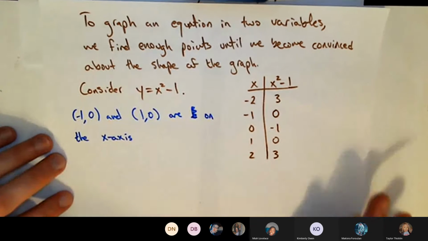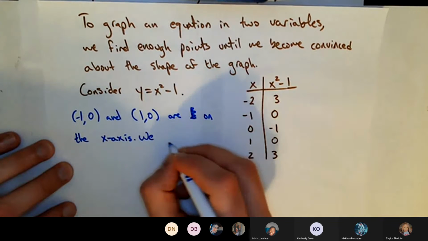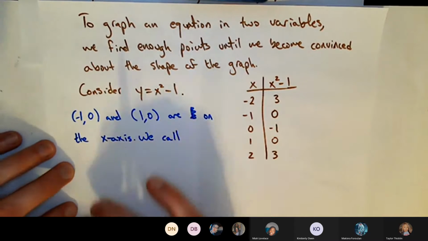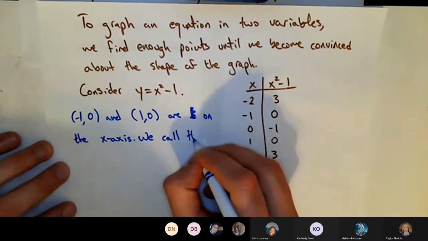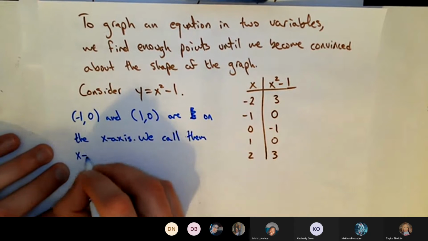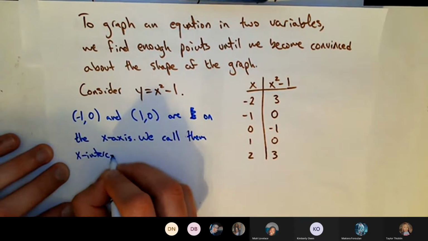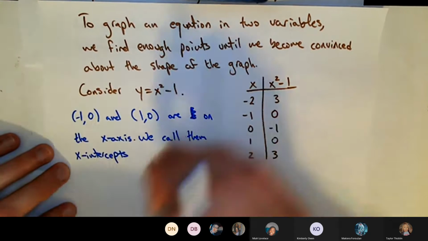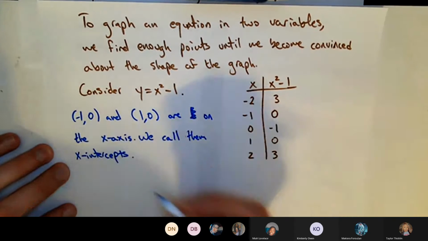In the context of a graph of an equation, we call them x-intercepts, because that's where this graph is going to cut through the x-axis.